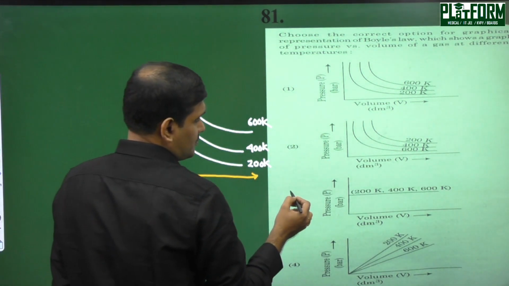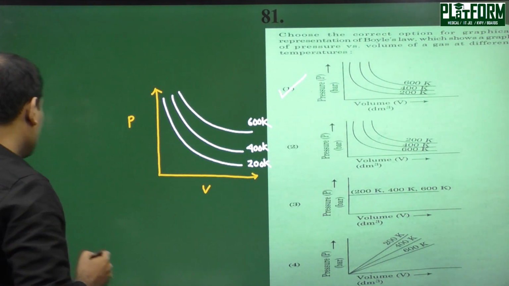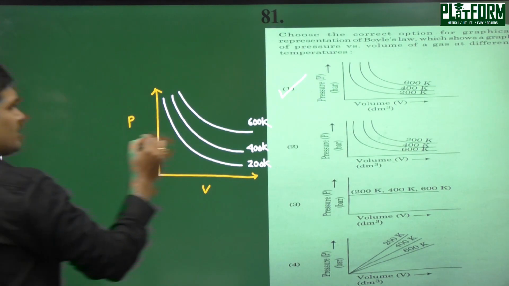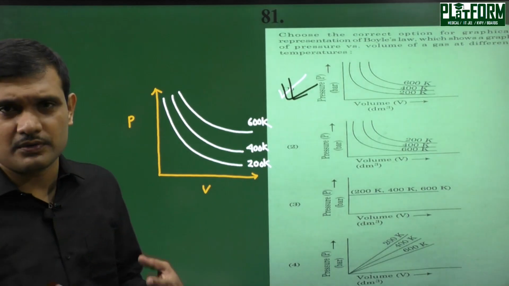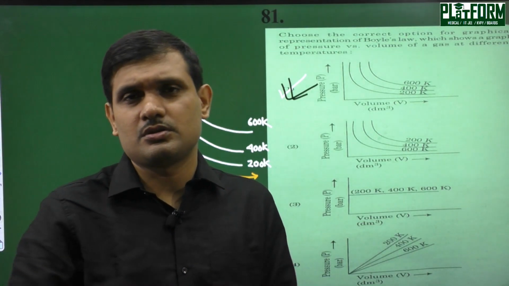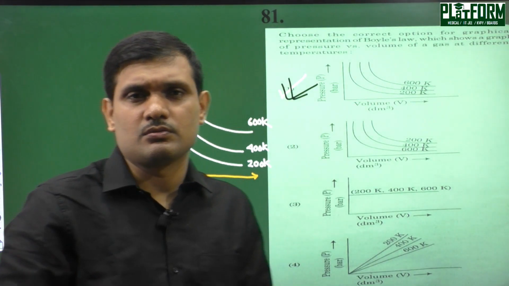So no doubt the correct option is option A. I think I don't have to discuss much more with this question. It is a very simple question, just go through these ideas from secondary level.